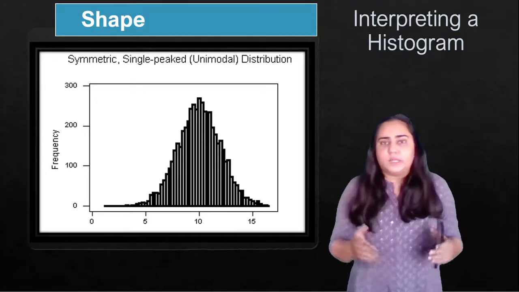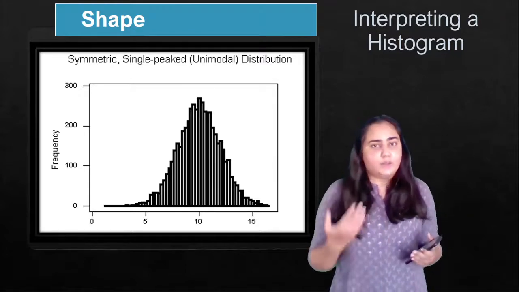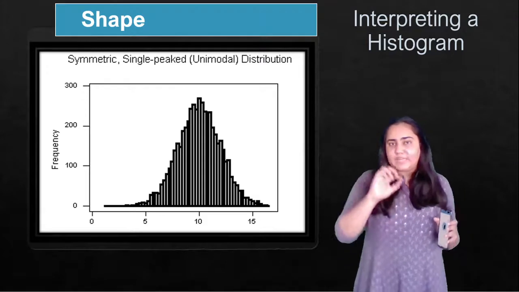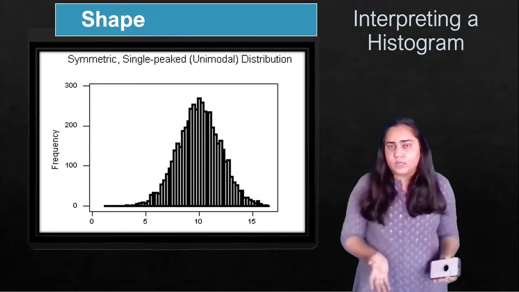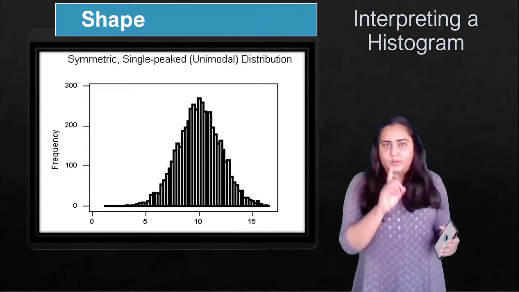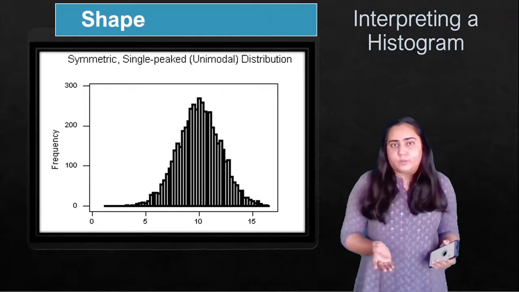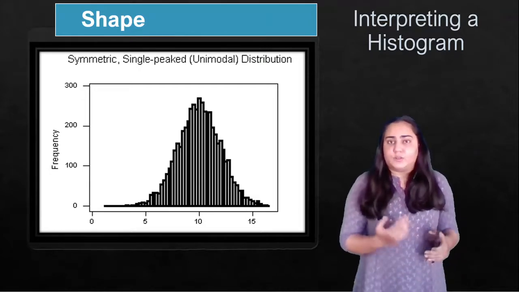So now this is a symmetric graph. You can also see that it is single peaked, which means there is only one peak that it has. So if you consider this histogram as a mountain, then it has just one peak, and you would say that it's just one mountain. So this is a single peaked distribution, and it is also unimodal.